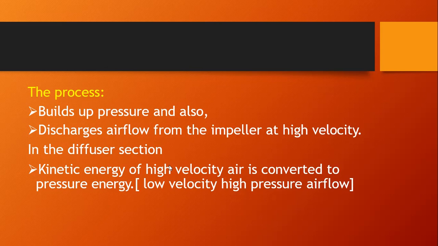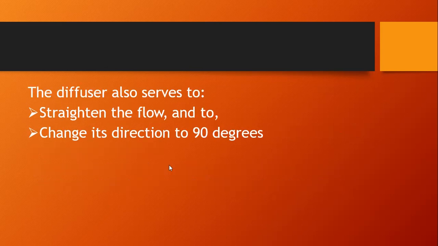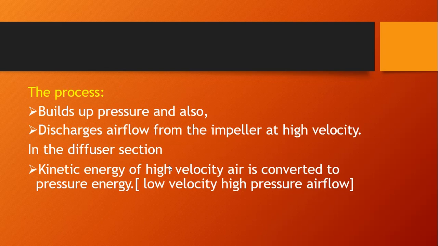Kinetic energy of high velocity air is converted to pressure energy in that low velocity high pressure airflow. So the diffuser also serves to straighten the flow and to change its direction to 90 degrees.